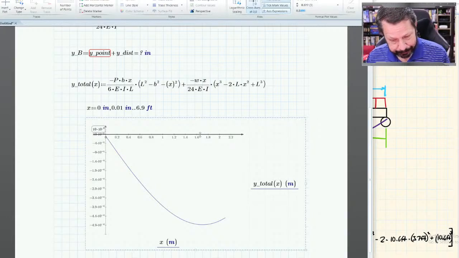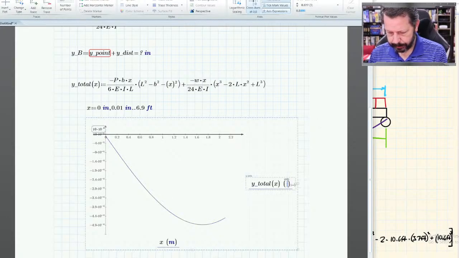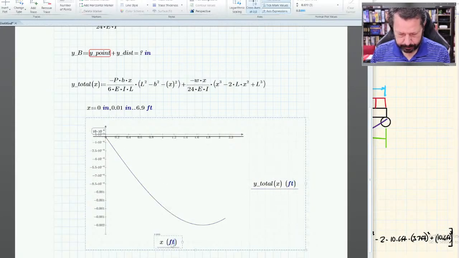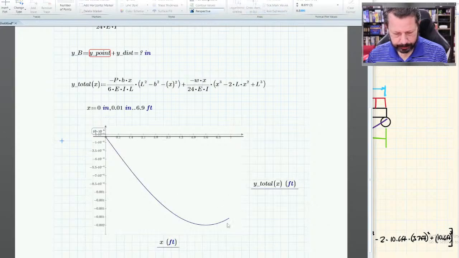Does that make, oh no, that's meters. Let's do feet for these. So it's at right about 5.6 feet, which seems about right. Seems in the right range.